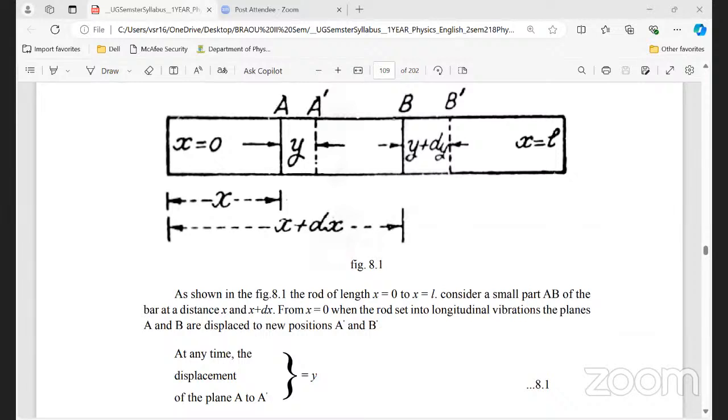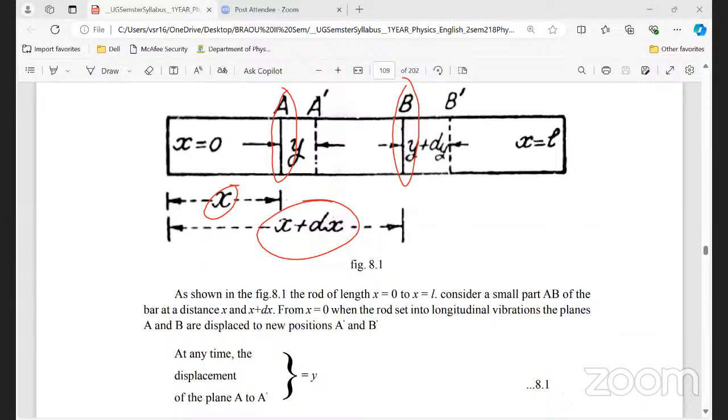Let us consider that a small element on this bar is AB. That means the position is A here, and the position is B here. A is at a distance x and B is at x plus dx.